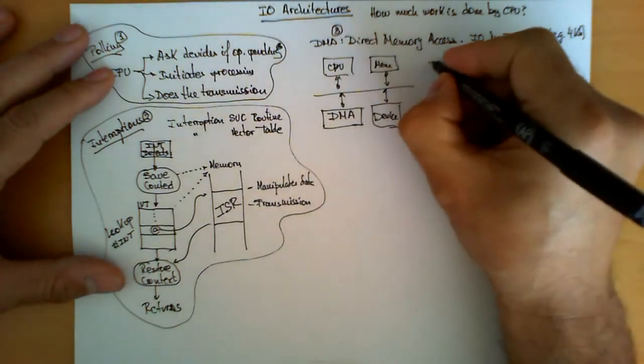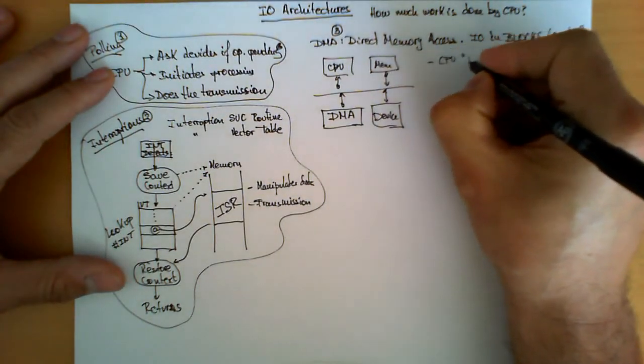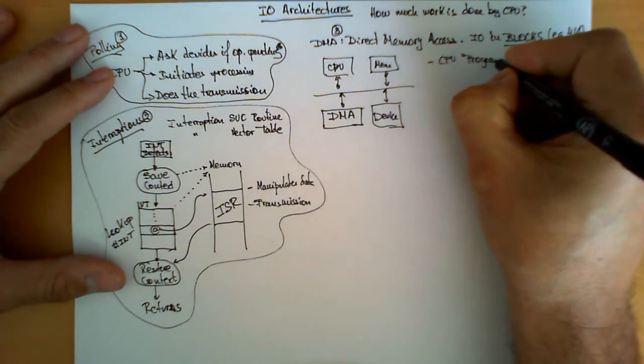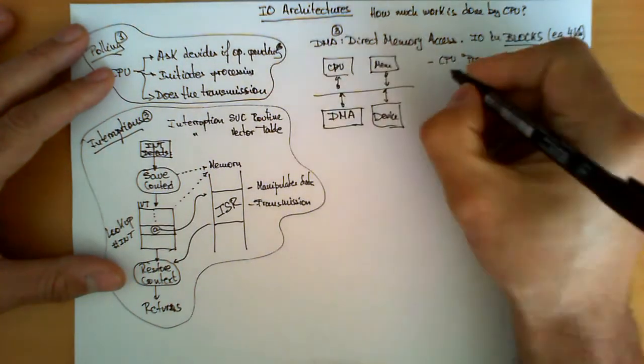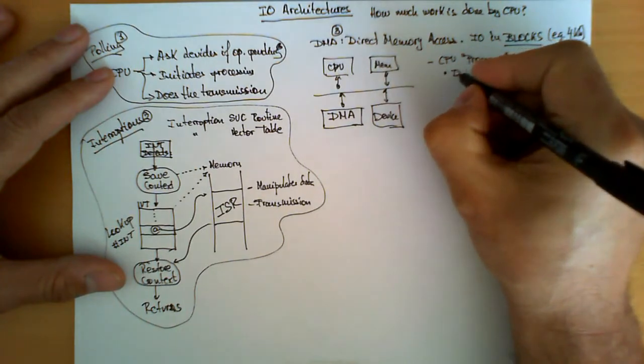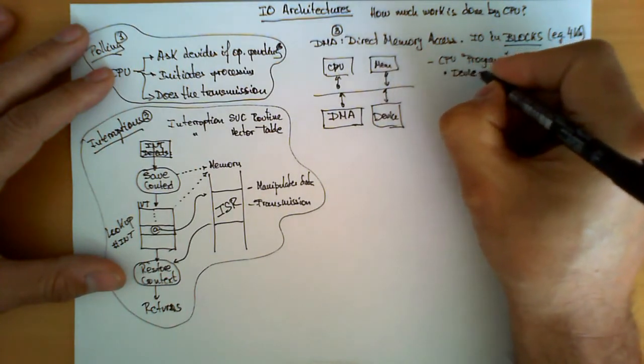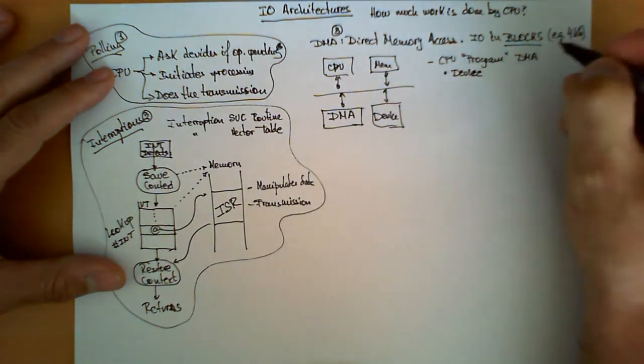So the CPU now has to program the DMA operation. It tells the circuit 3 things. It tells the circuit which device needs to be served, which device requires the transmission of a block.